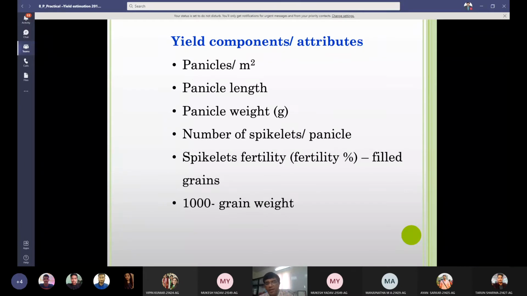Panicle weight and panicle length are never used in estimating the yield of rice. All other four are used: panicles per meter square, number of spikelets per panicle, spikelet fertility, and 1000 grain weight.